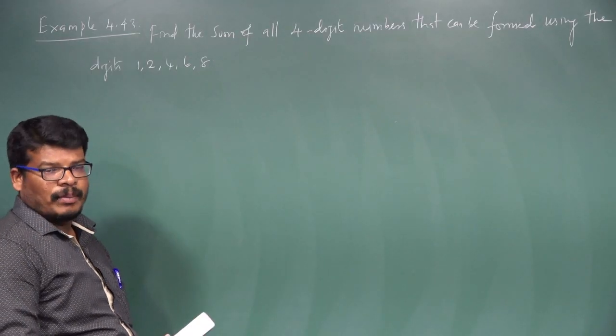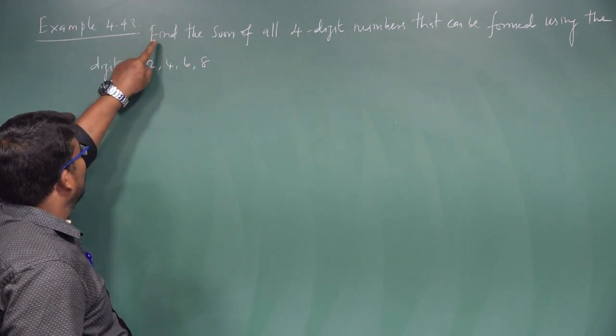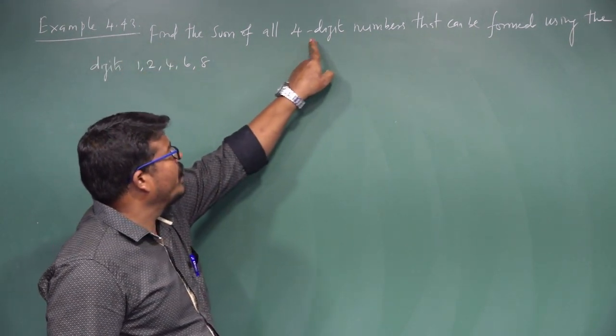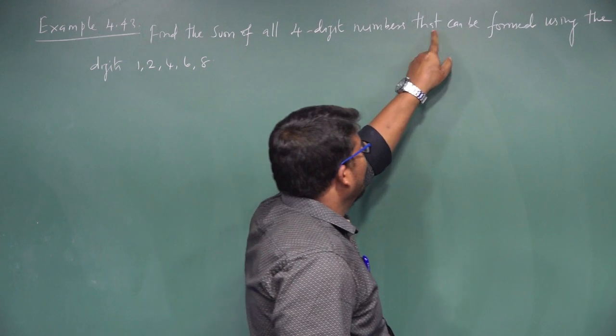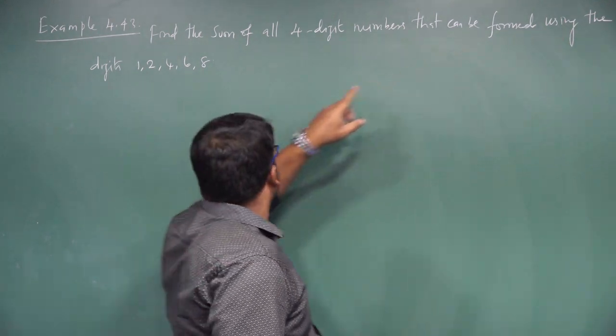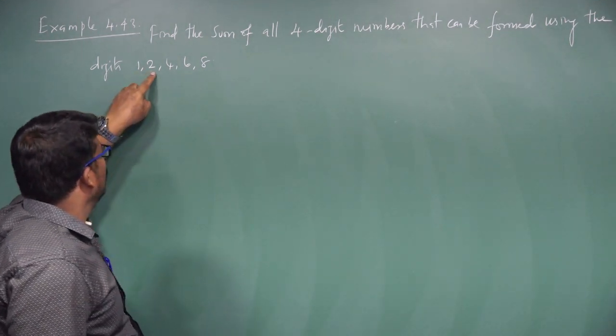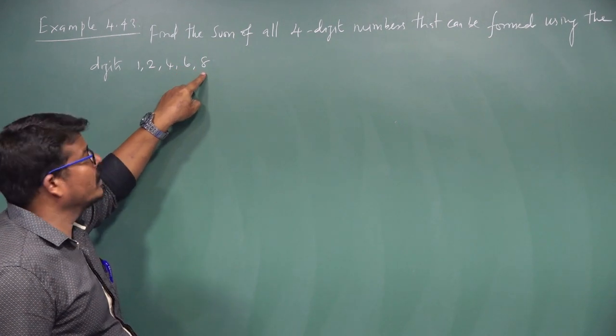Now let's discuss an example problem, Example 4.43. Find the sum of all 4-digit numbers that can be formed using the digits 1, 2, 4, 6, 8.